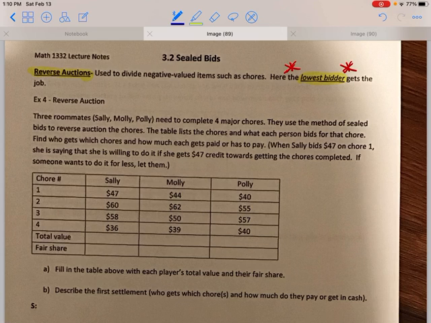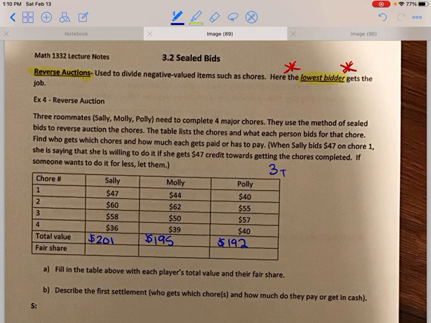All right, so the table fills out exactly the same way. We start by adding together everybody's bids. Sally's is 201, Molly's is 195, and Polly's is 192.